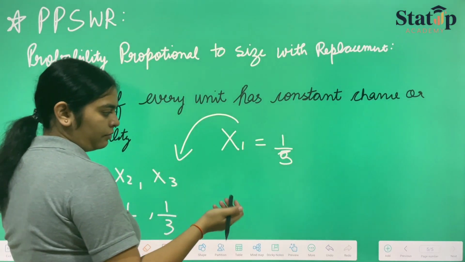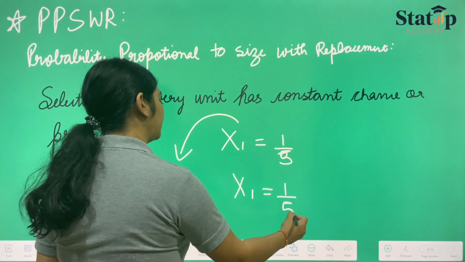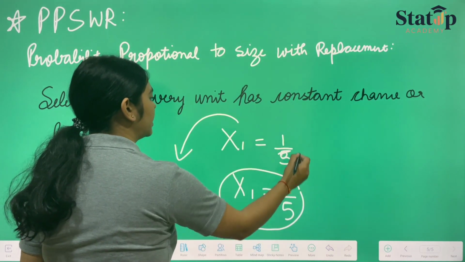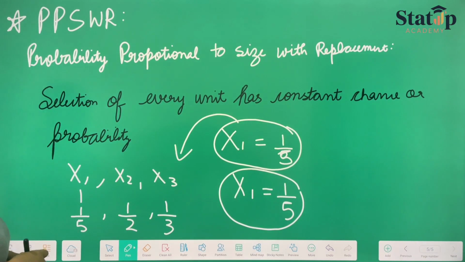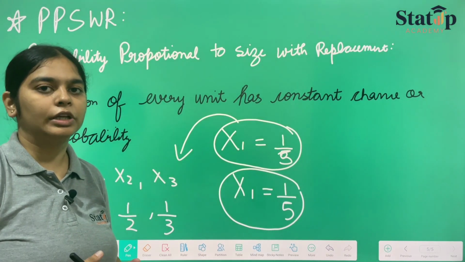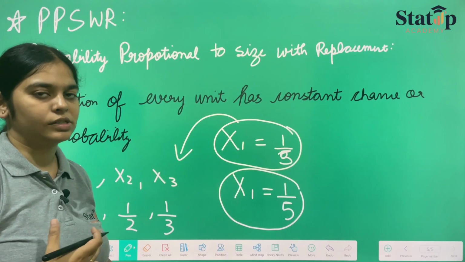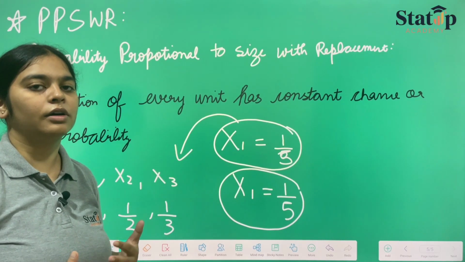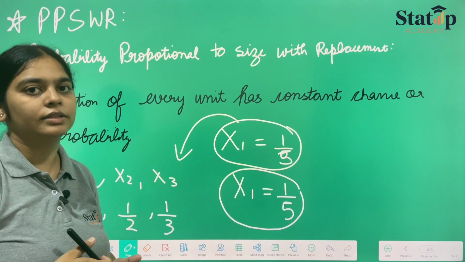After that, if we select x1 again, the probability of selection of xi remains constant. It is constant at every draw. So at every draw, our probability of selection of a particular unit remains constant.